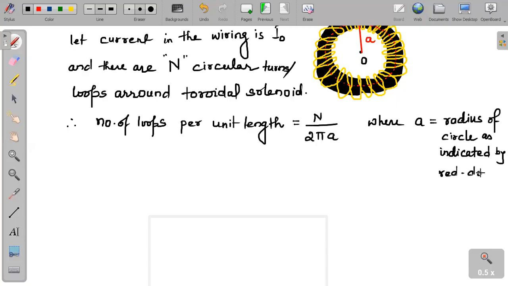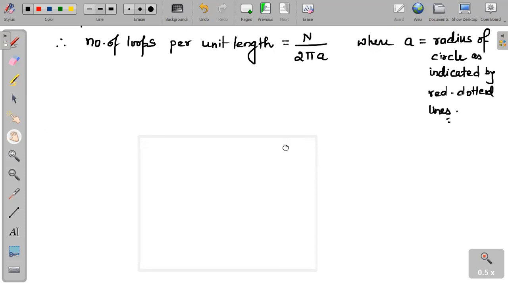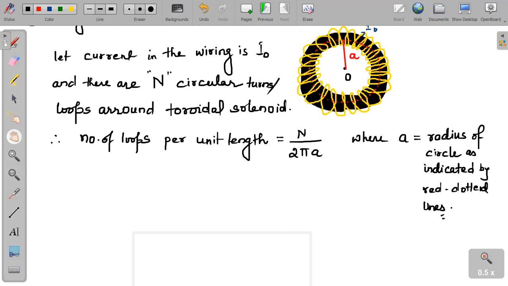Red dotted lines. Now, the idea here is for this circle, the total amount of current passing through this circle is going to be equal to, there are n terms, n loops.